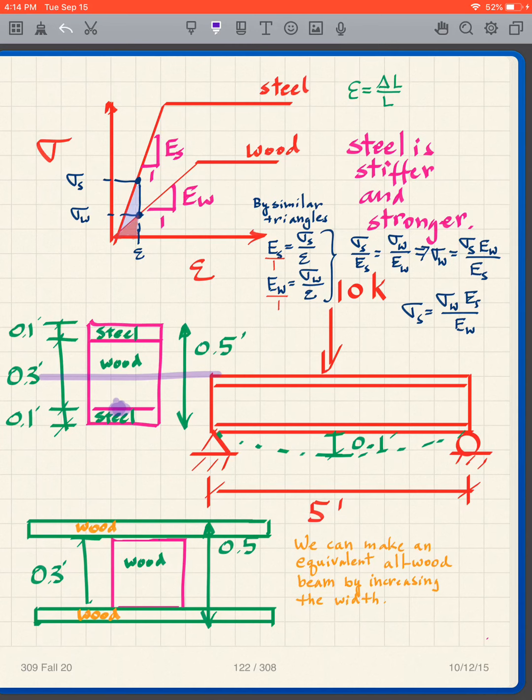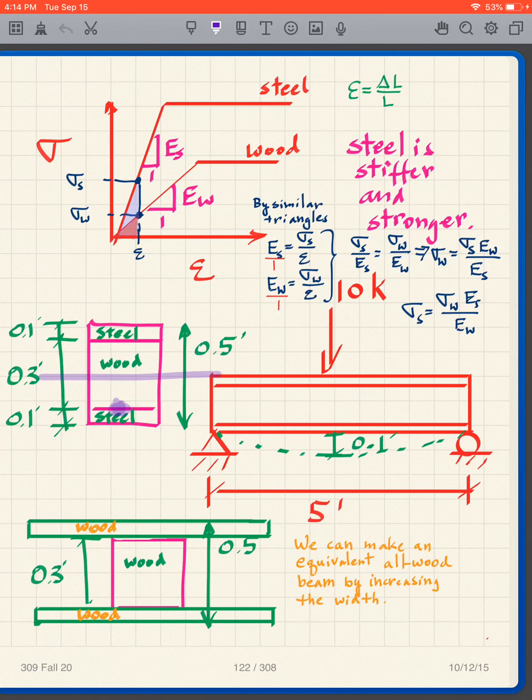They're both getting longer. The bottom wood fiber has the same change in length as the top steel fiber. Why? Because they're still connected. We're assuming that there's a tight bond at the steel-wood interface, which means that the change in length is the same for both the steel and the wood at that location.